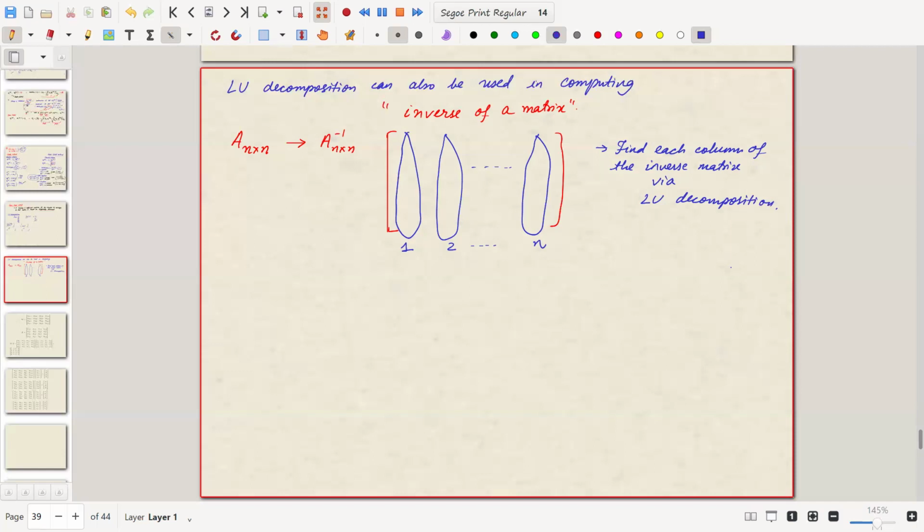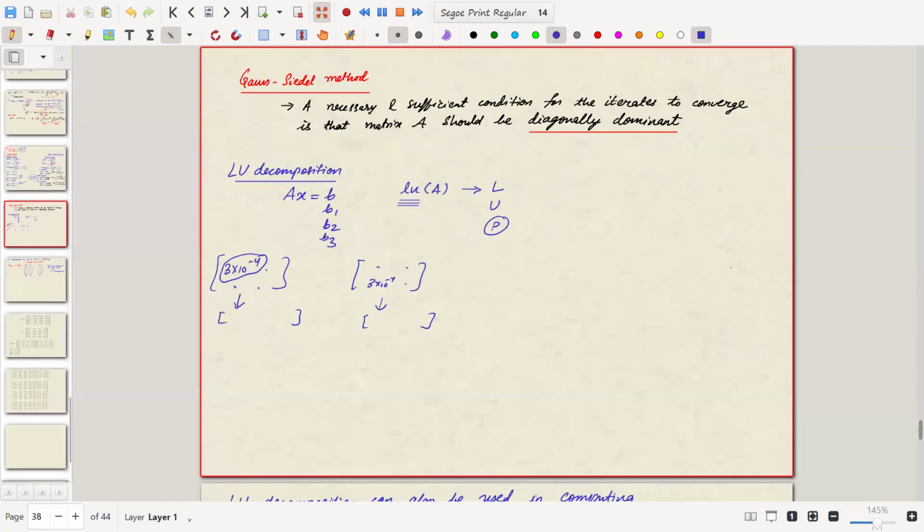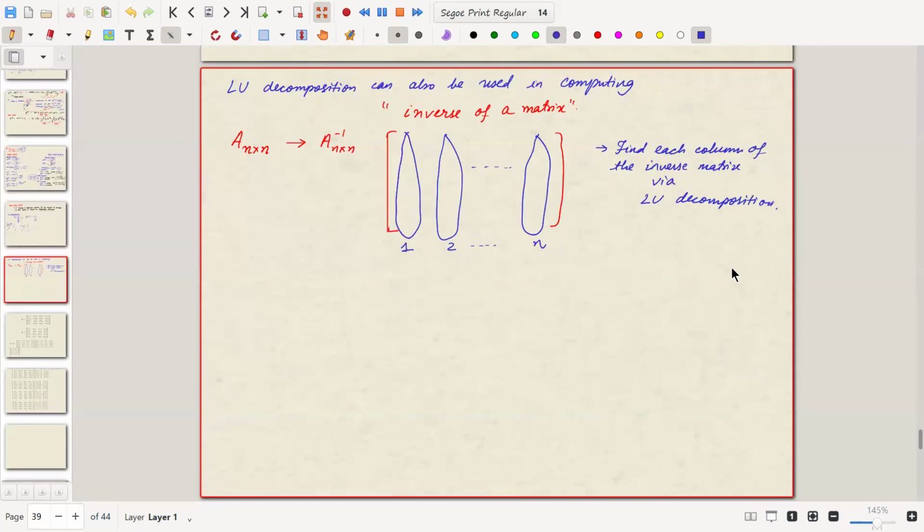I told you in the beginning of the class that LU decomposition works superbly when your right hand side vectors keep on changing. It's very efficient. The same technique we are going to use here. How? All right.